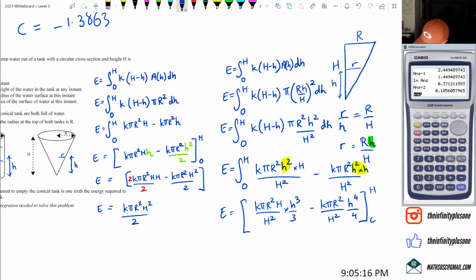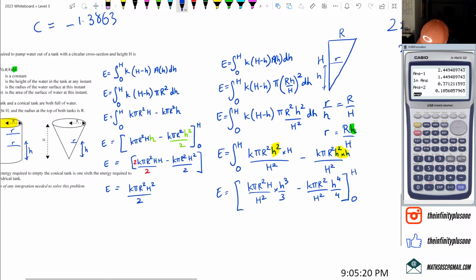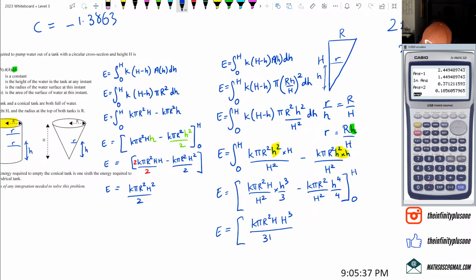And all of this is between H and 0. Stupidly annoying question, but this is what we have to deal with. So K pi R squared H, I'm going to substitute the little h with the big H, so that's going to become H3 over 3H squared minus K pi R squared H4 divided by 4H squared.